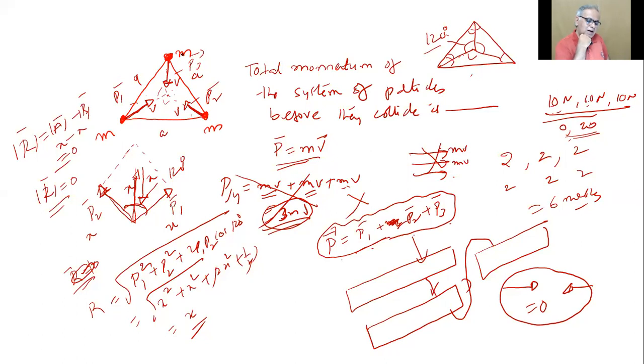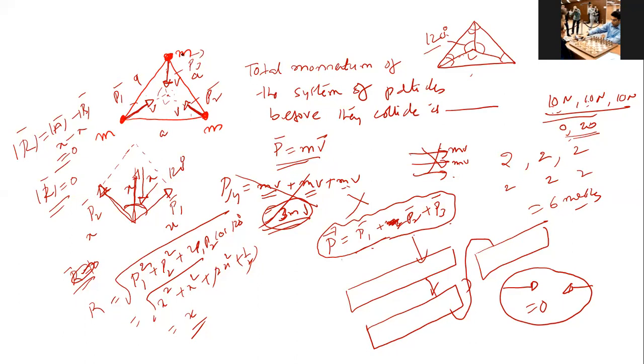But there is something more here. When we add vectors, it is not like scalar addition. Vignesh, why is 3MV wrong and why is this 0 correct? Can you tell in your own words now? Yes, sir. It's not 3 MV because momentum is not a scalar quantity, sir, and has a direction.